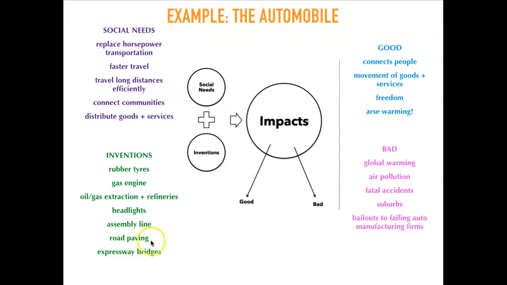Of course, driving a car is very unpleasant unless there is something to drive on. So the development of road paving technologies and all of the planning involved in making a road and ensuring that it is effective, safe, and connecting pertinent communities together. So that's another invention.